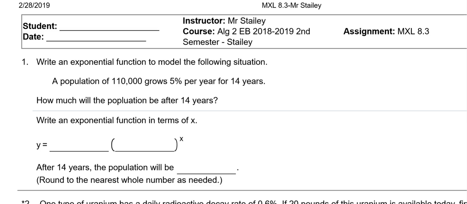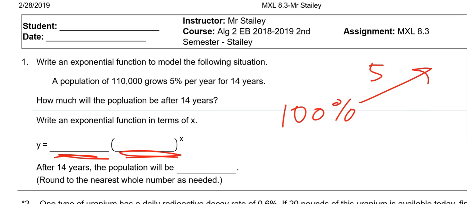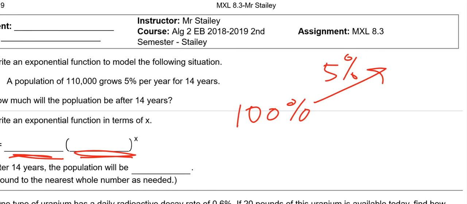We should know what goes in the first blank, and we should be able to figure out what goes in the second blank because we know every percentage starts out at 100%. This one just happens to be going up 5%. So it does go up to 105%. You're right. And that is good information for writing your equation.